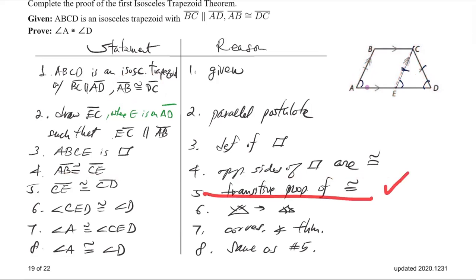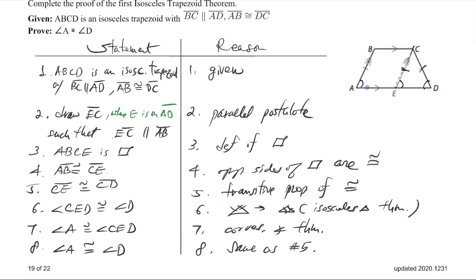The second thing, now that we know that, we know these two angles have to be the same. Why? Because if you have an isosceles triangle, its base angles are congruent. Isosceles triangle theorem. If you want to write that as the isosceles triangle theorem, it's up to you.